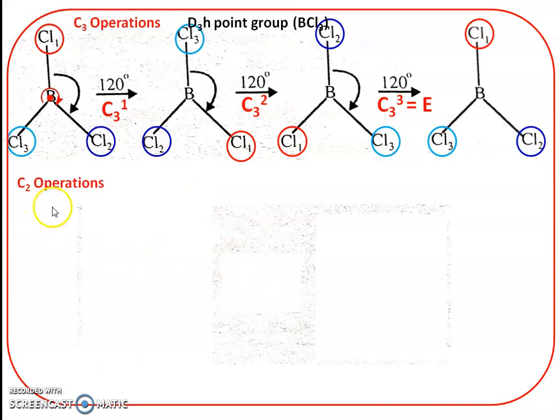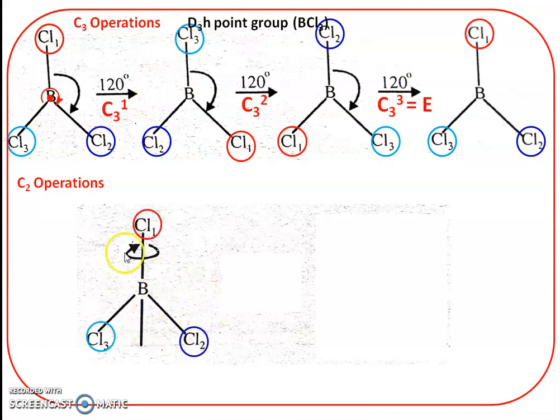Now consider the possible C2 operations in the D3H point group. This is the boron trichloride molecule, it is planar, and now consider an axis passing through boron and chlorine 1. It lies in the molecular plane or horizontal plane, not at a right angle to the molecular plane. Imagine this axis along the plane, passing through boron and chlorine.